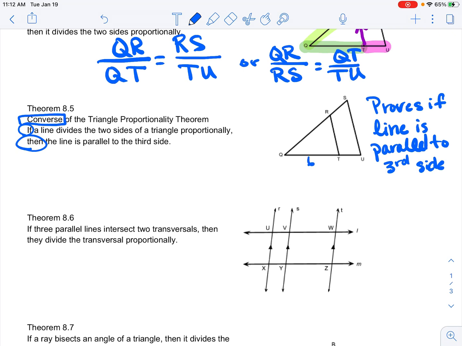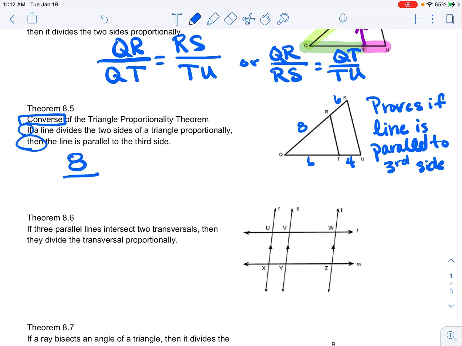So if, say, this is 6 and this is 8, and this is 4, and this is 6, let's see if that works.